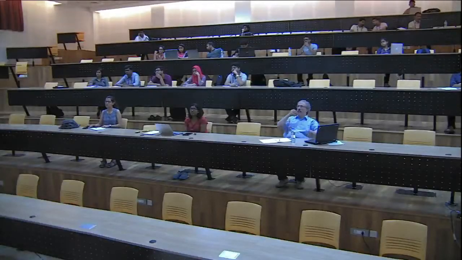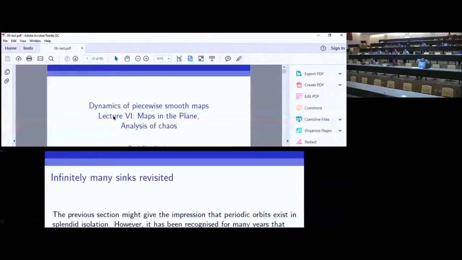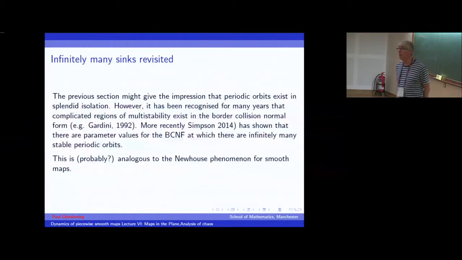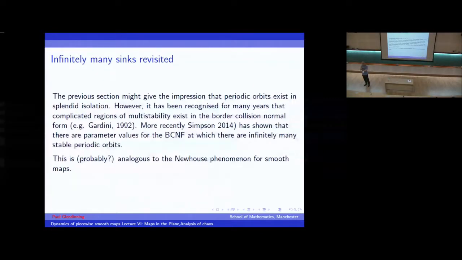So you can also ask a question: how many stable periodic orbits can you get, coexisting? How many stable coexisting orbits can you get? Now we know from smooth theory that there are phenomena called infinitely many sinks, where you have a homoclinic tangency.